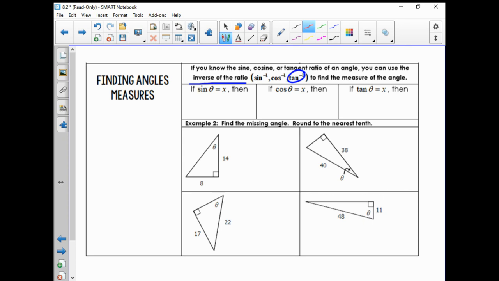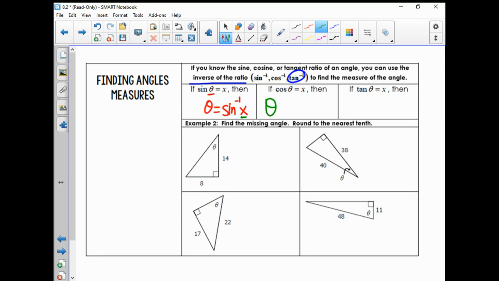So basically, the notes right here, they just want you to say if the sine of theta is equal to x, if you're trying to find the angle, if you're trying to say theta equals, then you're just going to do the inverse sine of x. So theta, you could just put straight into your calculator. You just do the second button and the sine button, and then whatever this x is, you'll know that. Same thing with the cosine.